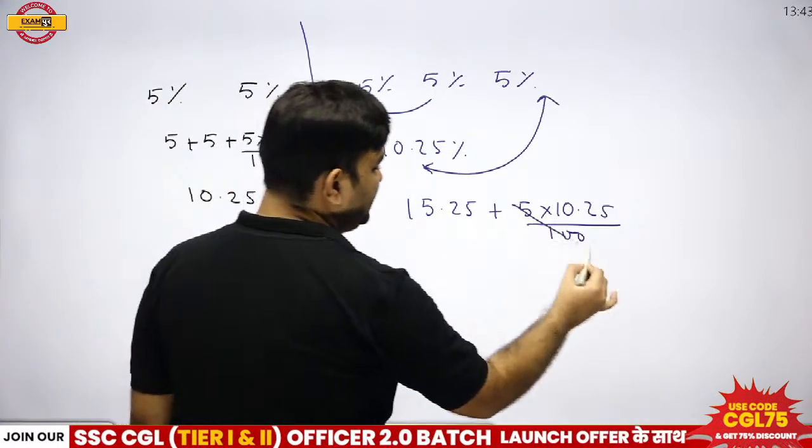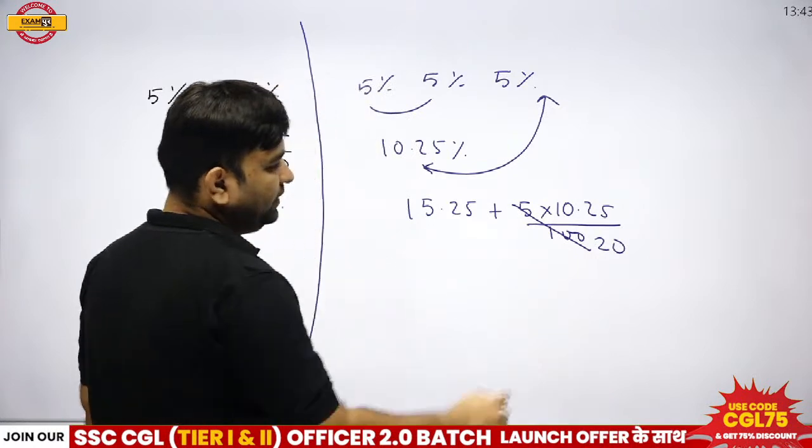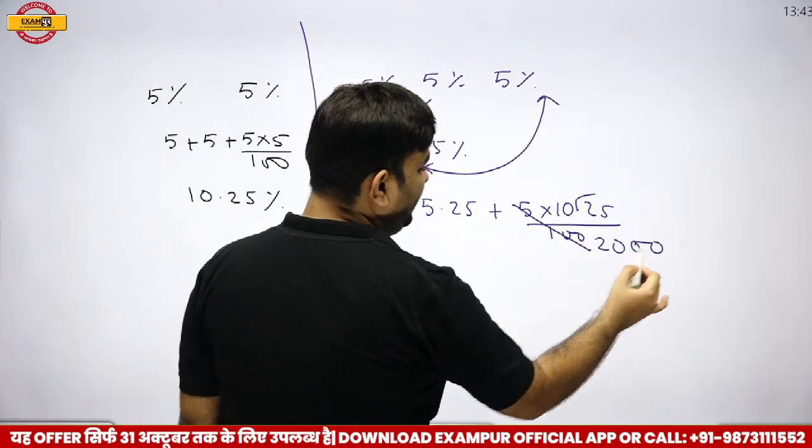It will simplify 20 times. Take 2 more zeros over here.